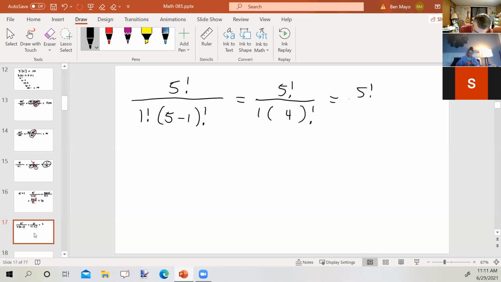Well, 1 times 4 factorial is just 4 factorial. So now I'm going to rewrite the numerator as 5 times 4 factorial so that it will reduce out the 4 factorial in the denominator, and I end up with just 5. Any questions there?